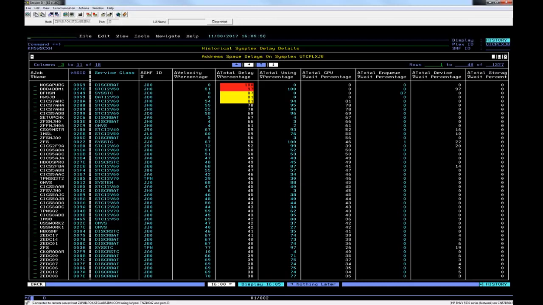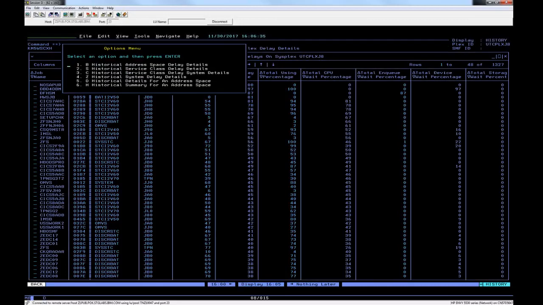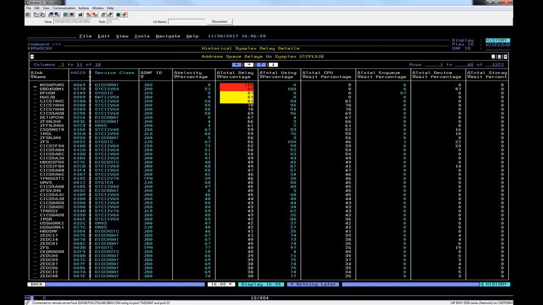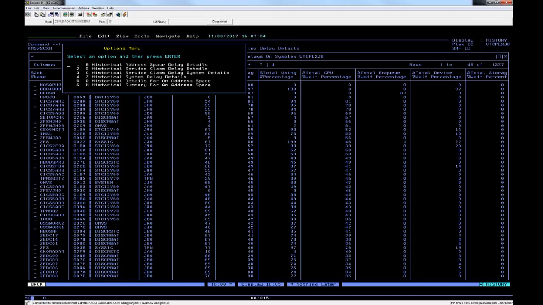But if we wanted to look at this particular address space, we can look at address space details. I haven't got time to go into all of the options, but if we look at the details, what we'll see is that we have the execution delay states, and I'm looking for, in this particular case, I'm not seeing what I really wanted to show everybody here.